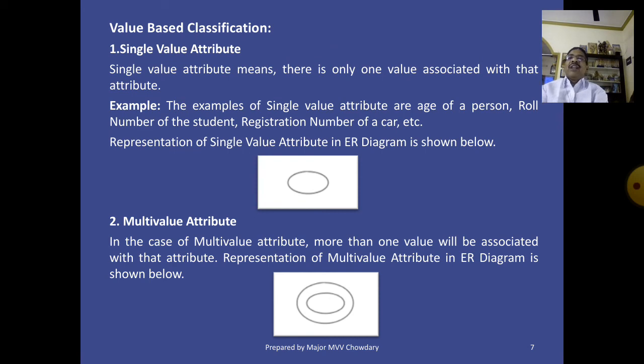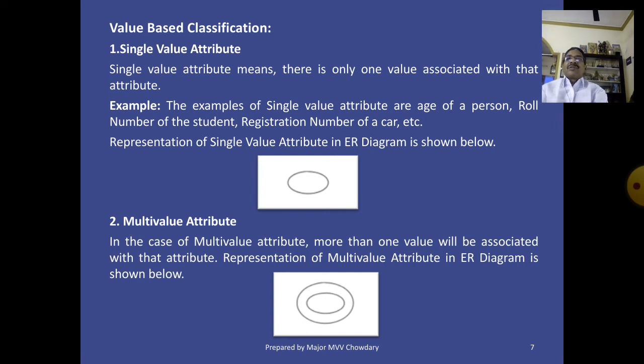First one is single value attribute. Single value attribute means there is only one value associated with that attribute. For example, social security number, that is Aadhaar number.